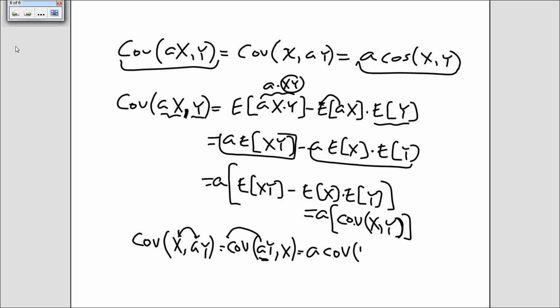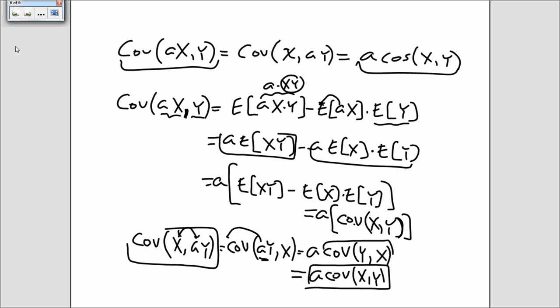So we have A times the covariance of YX. There's my A, but the first theorem says that the covariance of YX is the same as the covariance of XY. That is, we now just proved that this is equal to that. That is, whether the constant is being multiplied by the first random variable or by the second random variable, the constant does come in front.